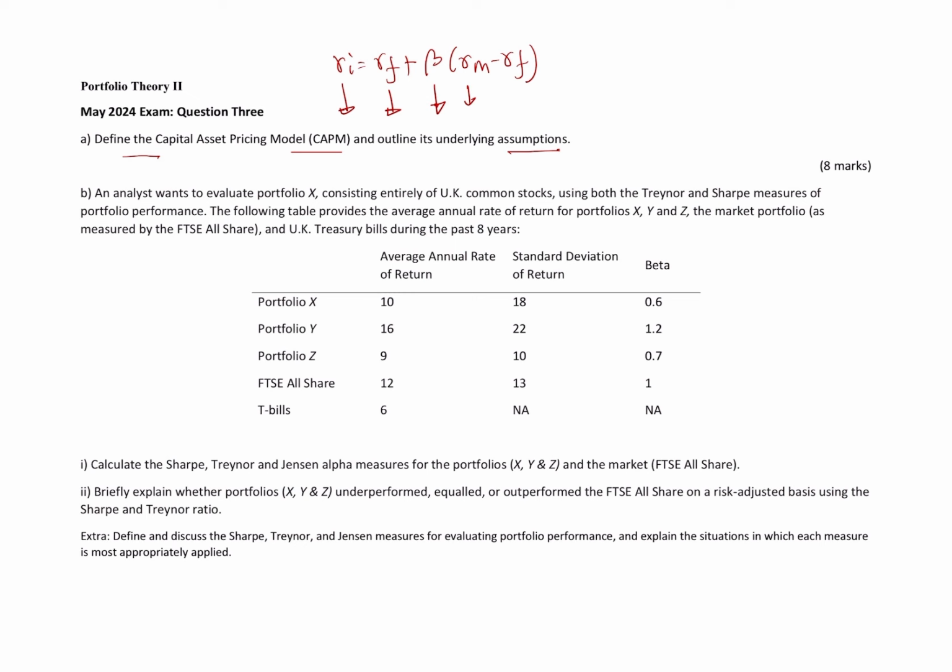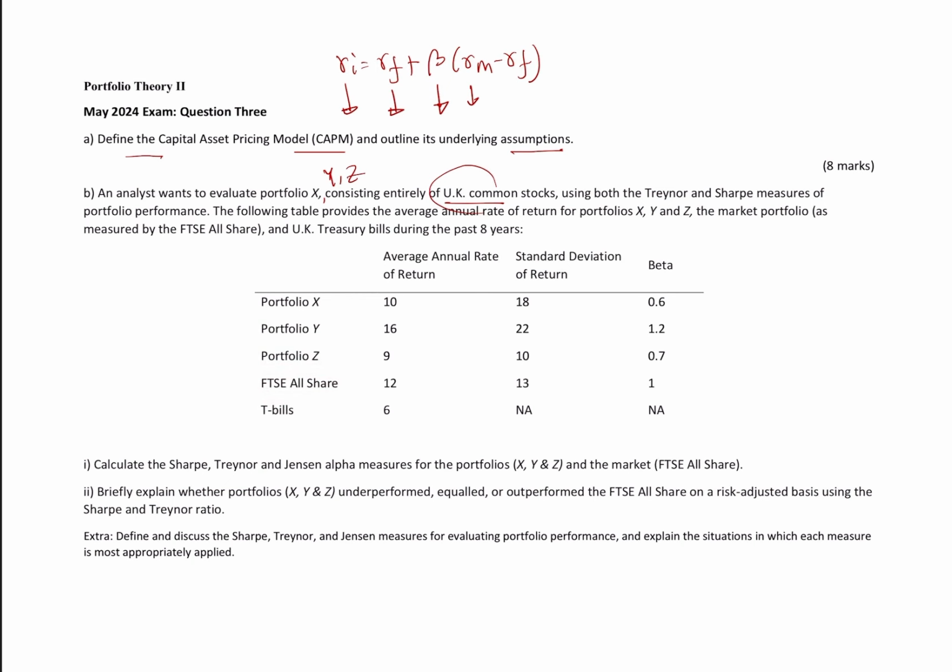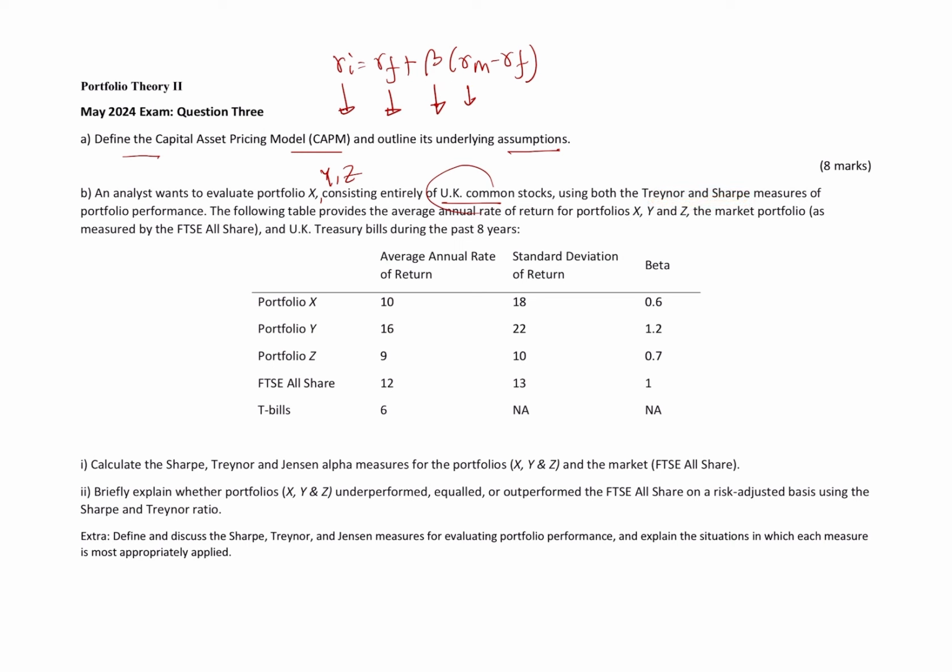The second question is asking, as an analyst, you want to evaluate portfolios X, Y, and Z, consisting entirely of UK common stock. That's why we have the benchmark FTSE All Share, using both the Treynor and Sharpe ratios.